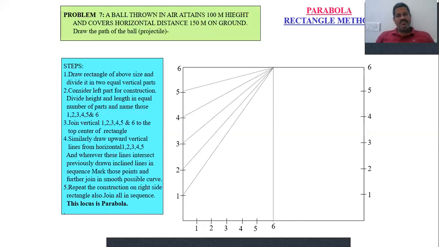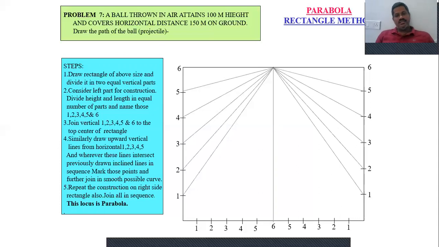Similarly, project these points onto the opposite side of the rectangle. After marking all those points, join them, as we have done on the left side of the rectangle. Then divide the same number of divisions on the right side along the length of the rectangle, and similarly join all those points.